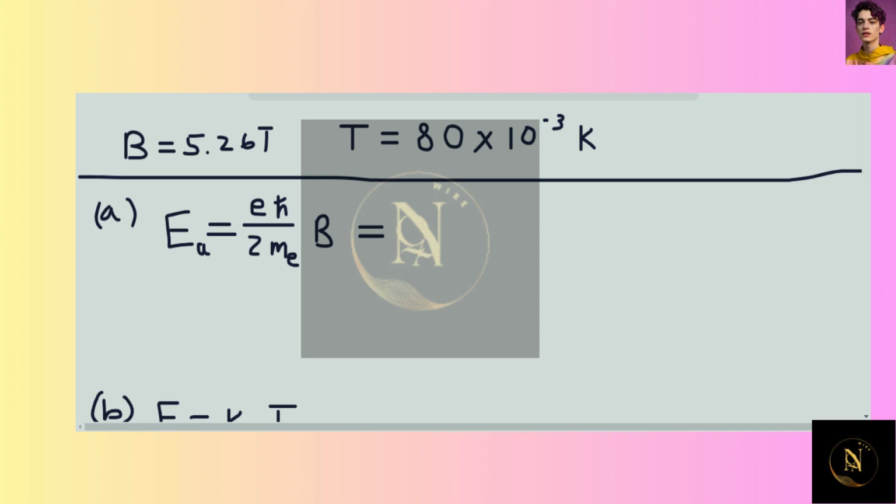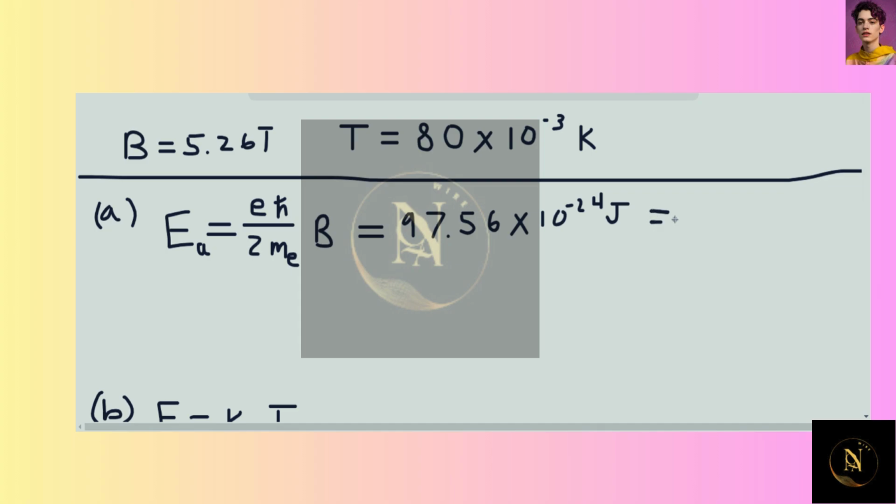And plugging in our value for B, this gives us a value of 97.56 times 10 to the minus 24 joules. You can convert this from joules to electron volts, since 1 electron volt is 1.6 times 10 to the minus 19 joules.